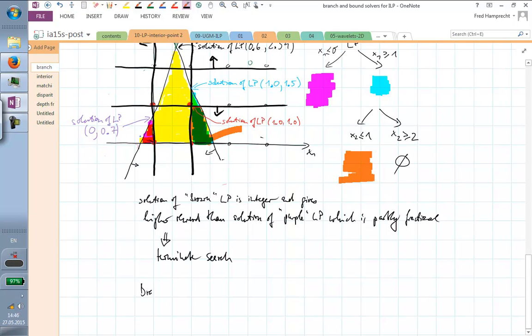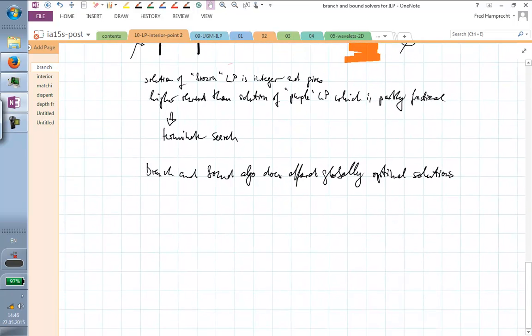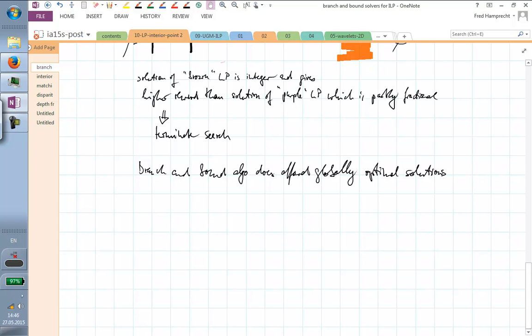And this branch and bound algorithm does afford globally optimal solutions, but there is no guarantee that I will be able to terminate my search early on.